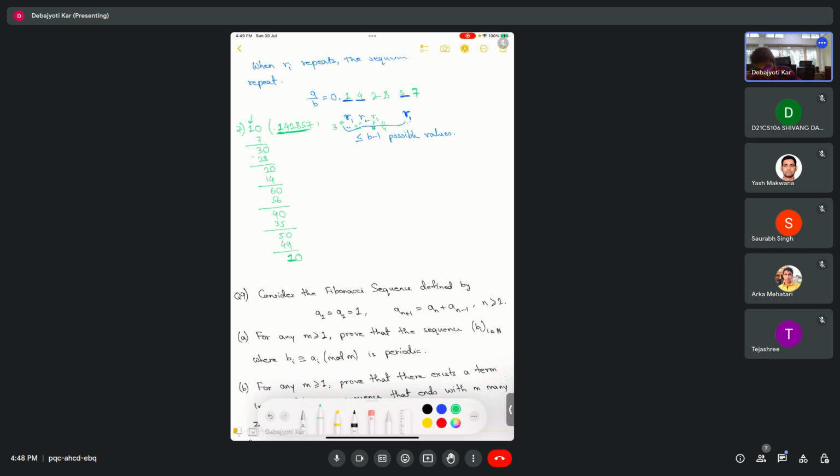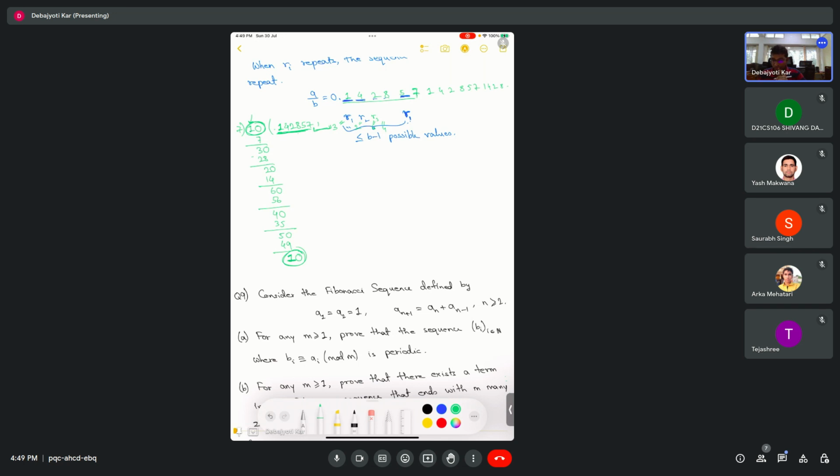After this, again it has to be the same sequence. It has to be 142857, again 142857, and so on. Once this divisor becomes the same, the sequence of quotients must also be the same. Right, is it clear?